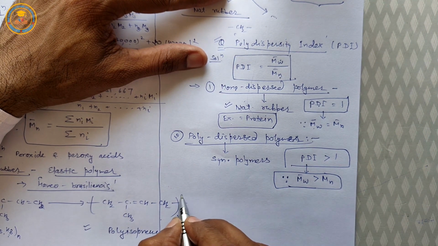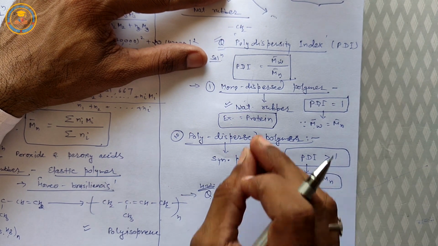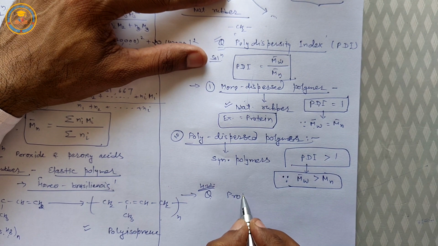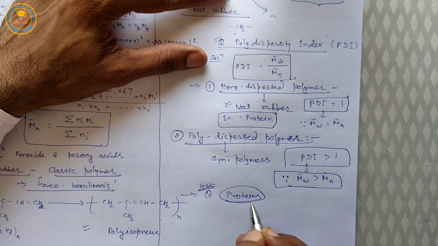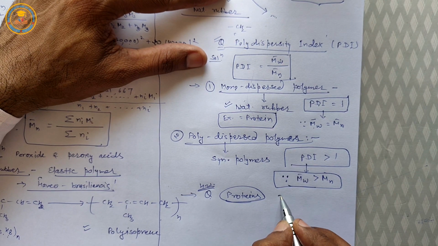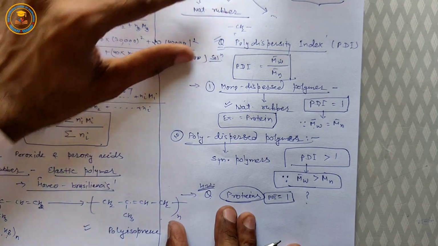Now we take a question for homework: why is the PDI of proteins equal to 1? Very important question for homework.